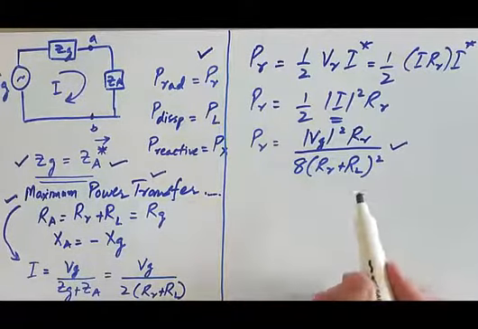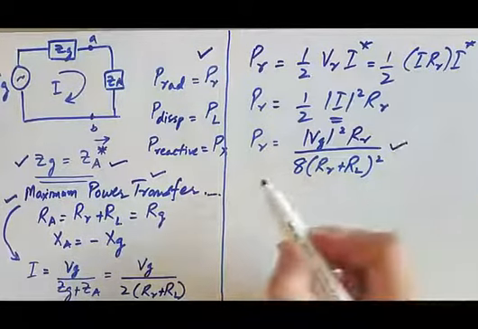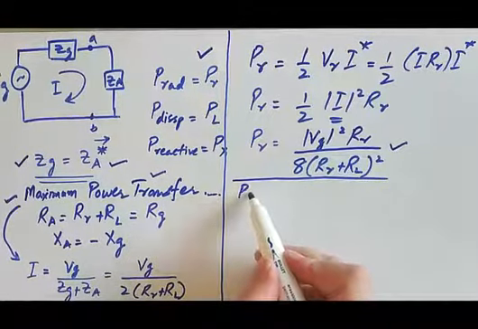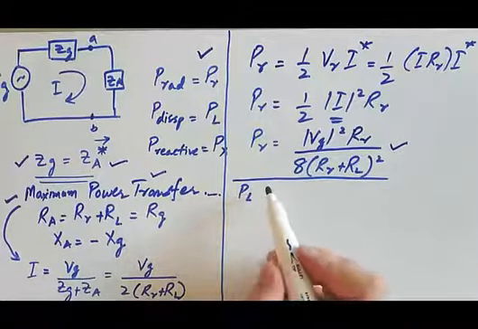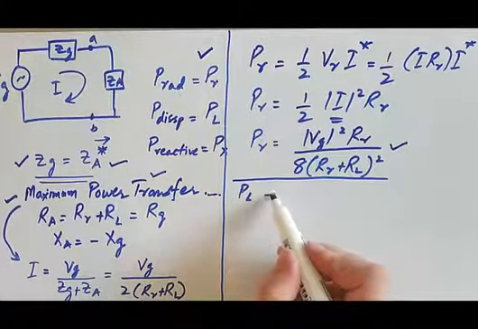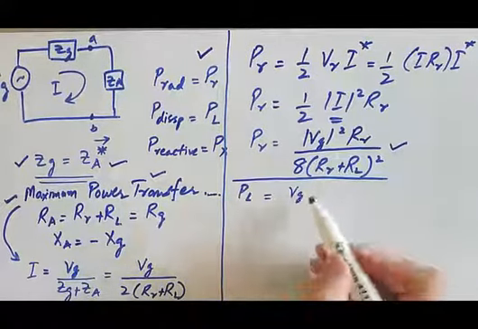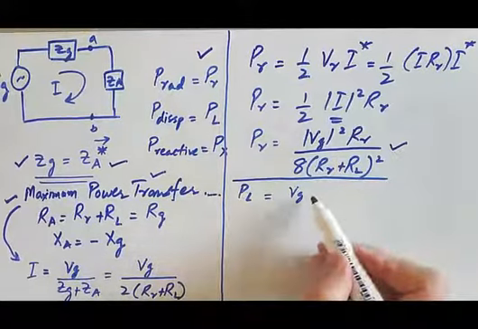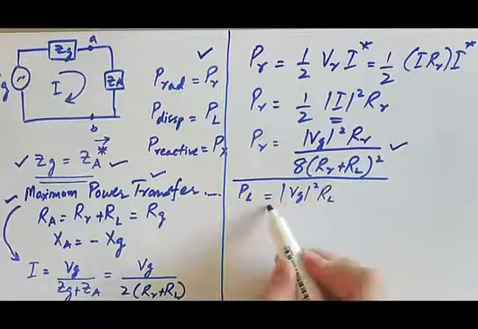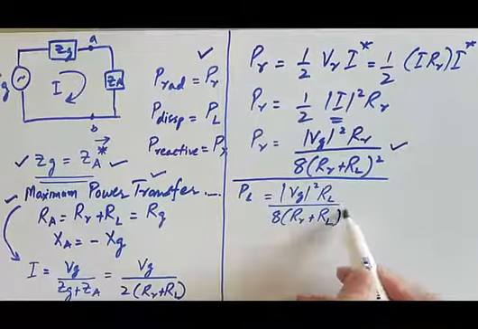Now the radiated power is this in the maximum power transfer condition, and likewise the PL, which is the power dissipated in the form of heat, is calculated the same way, so I'm not going into the detail. Let me write the final equation, which is Vg square into RL divided by 8 times (RR plus RL) square.